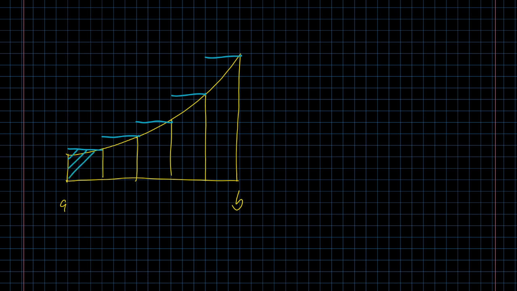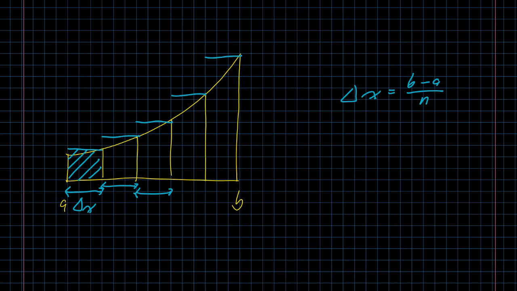I have taken my area and divided it up into rectangles. The width of each of these rectangles is the exact same value. I'm going to call it delta x. And of course, delta x, the distance from A to B is just B minus A, divided into n intervals.